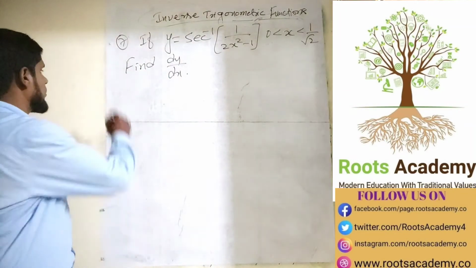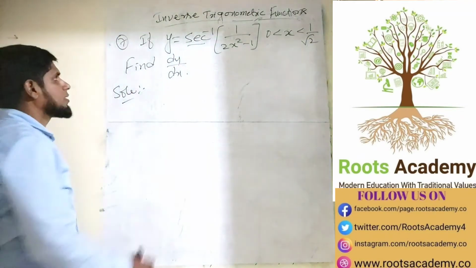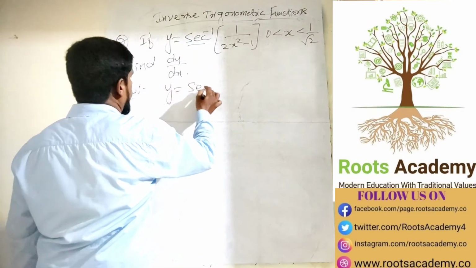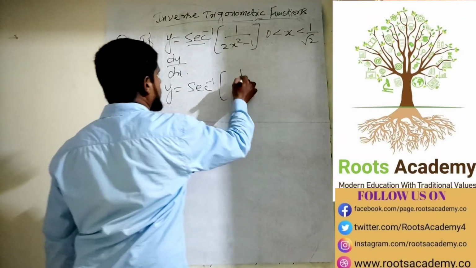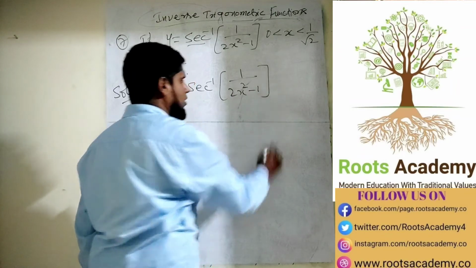Understand here? It has given secant inverse. Y is equal to secant inverse of 1 divided by 2x square minus 1.